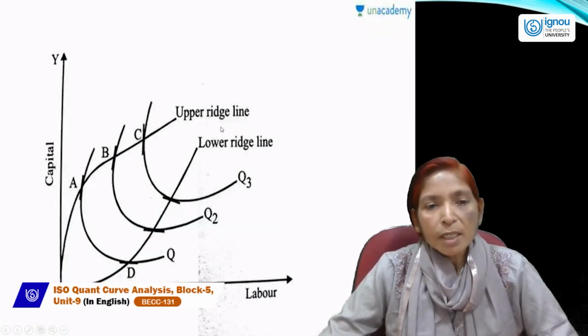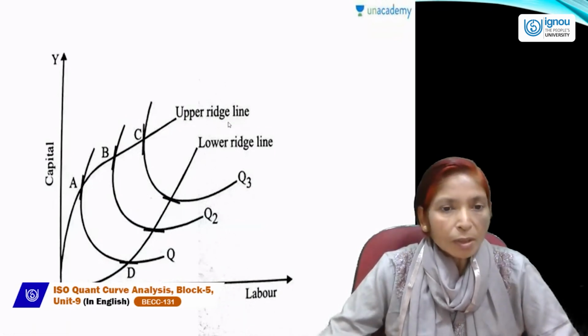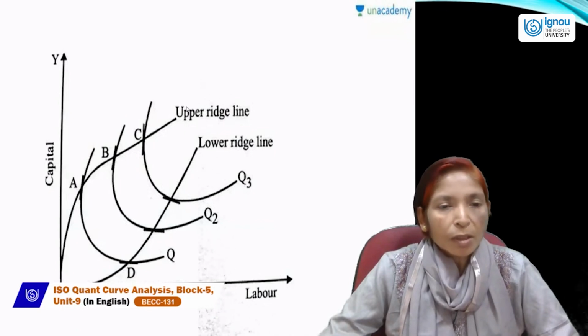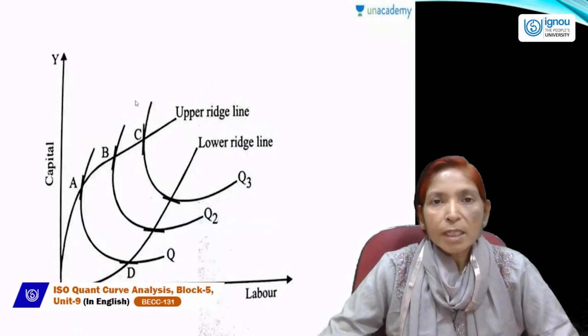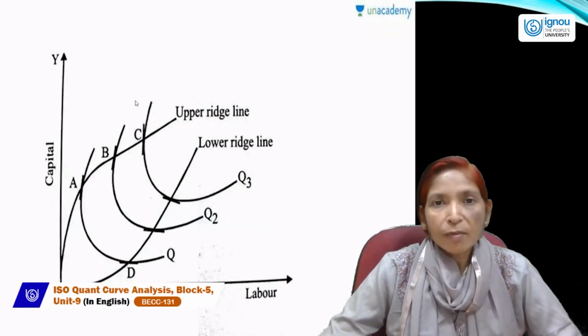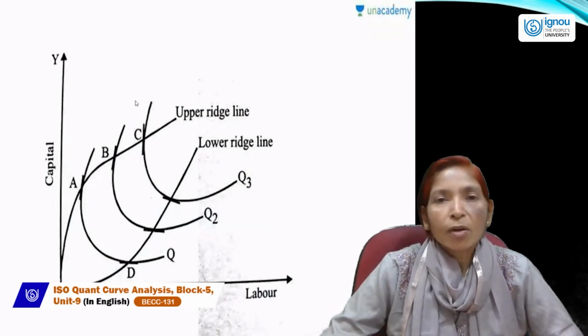So the upper ridge line shows that the marginal productivity of capital is zero, and the lower ridge line shows that the marginal productivity of labor is zero. But you know that a rational producer will not choose a production level where the marginal productivity of labor is zero or negative, or the marginal productivity of capital is zero or negative.